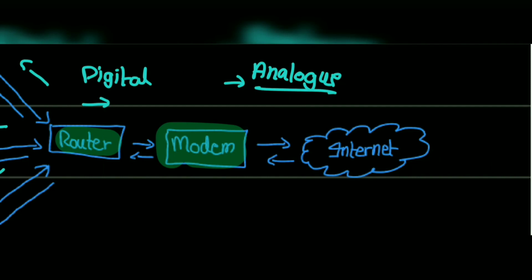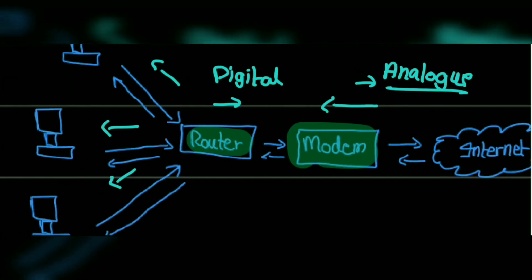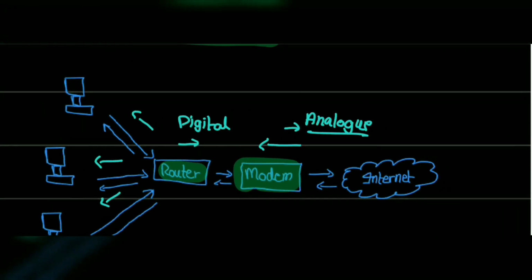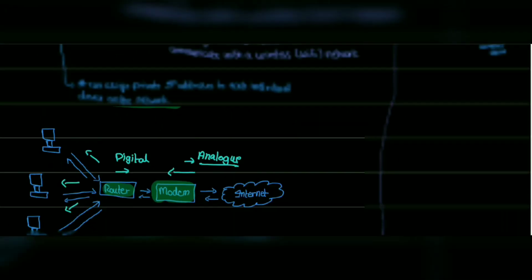That's how you access the internet. For example, if you are sending data, that data is converted to analog signal, and then the analog signal goes to the internet. Whenever we receive something, it goes through a modem, converting analog to digital, and digital to any particular device connected to the router.